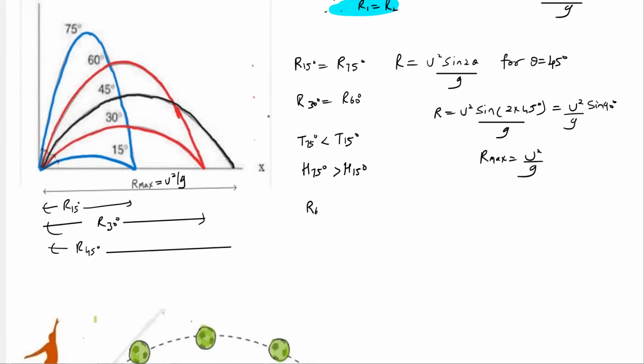Therefore, the maximum range will be u square by g. So what is the maximum range? u square by g. What about these other ranges? They will be different. And the maximum range will be for 45 degrees.